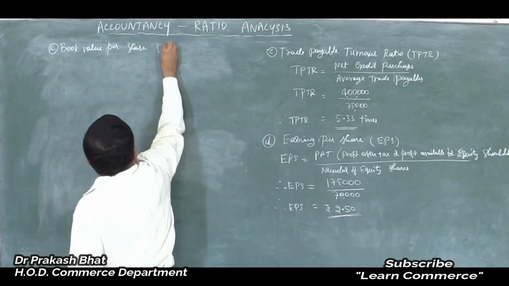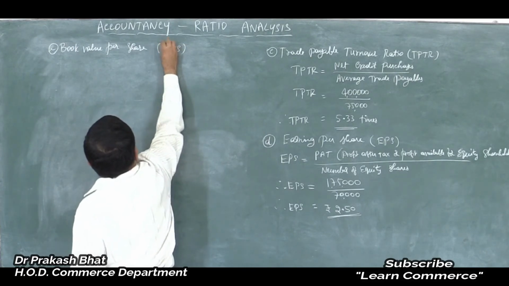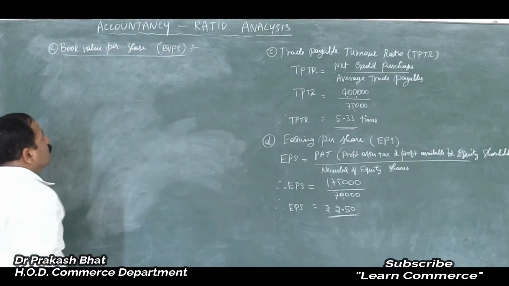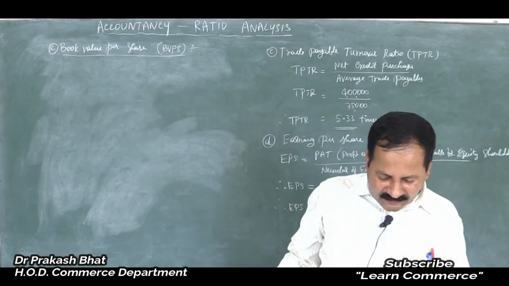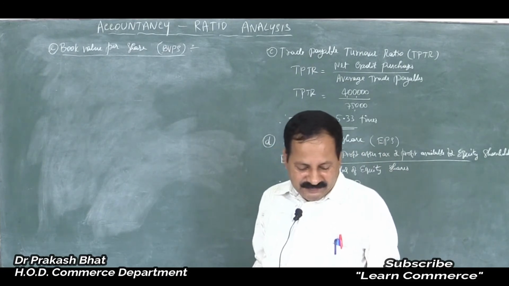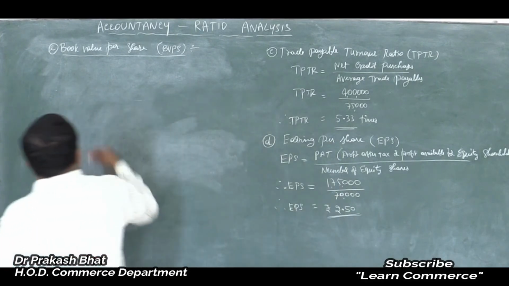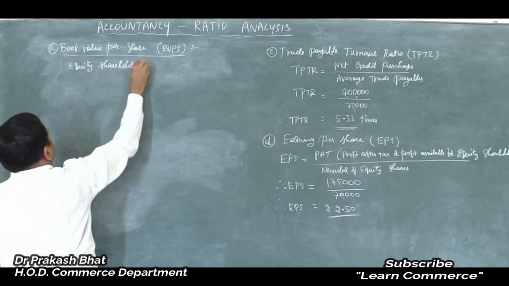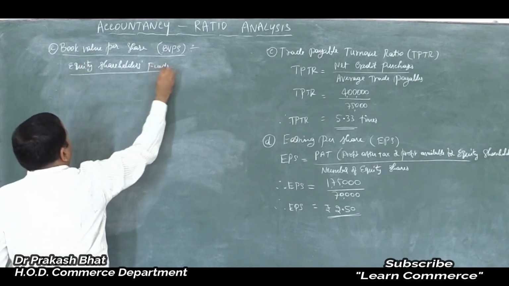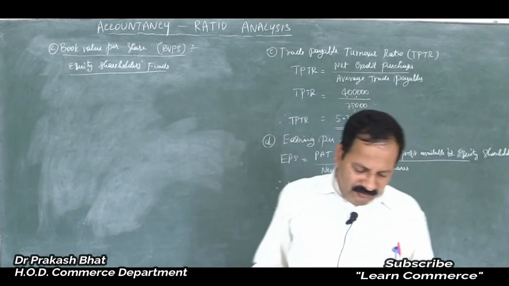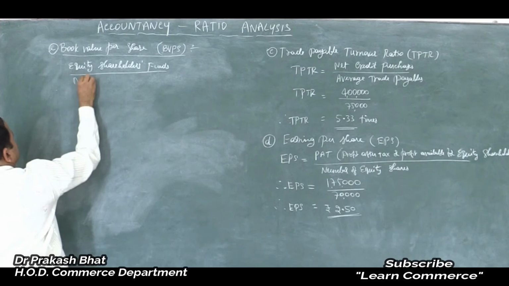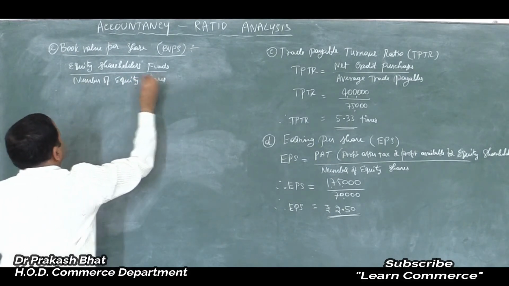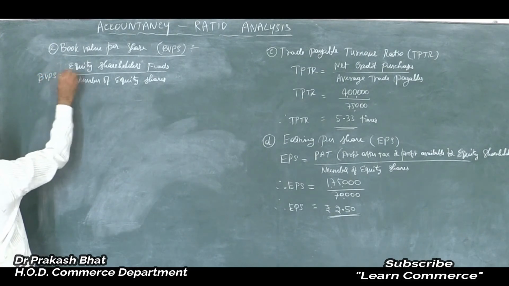Book value per share is equal to equity shareholders funds divided by number of equity shares.